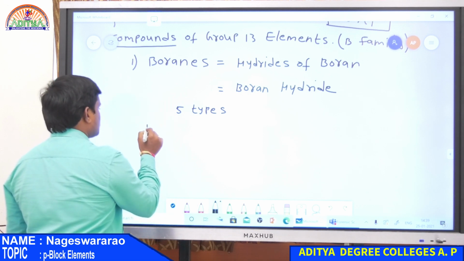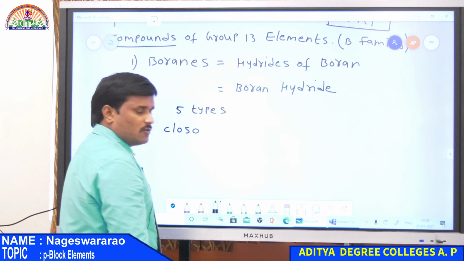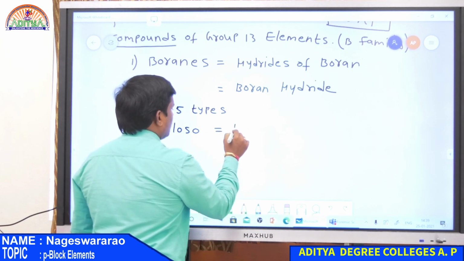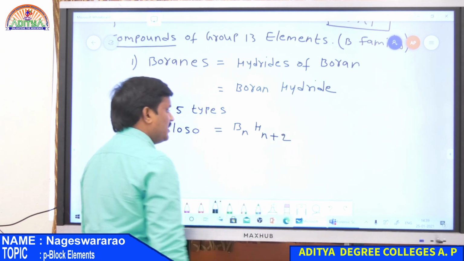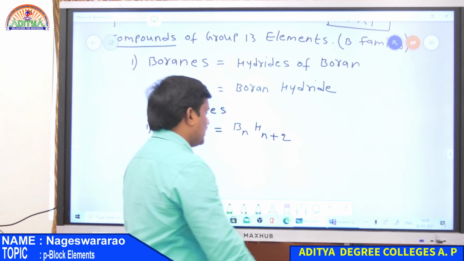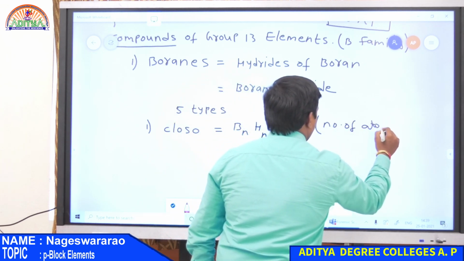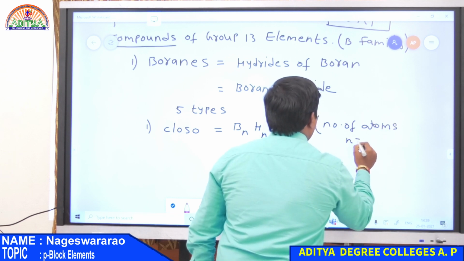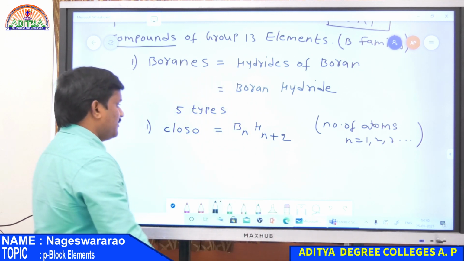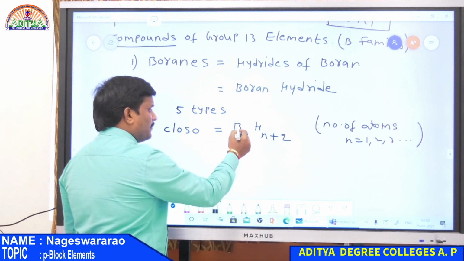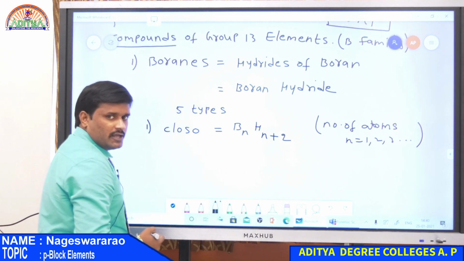The first one is closoboranes, having a general formula BnHn+2, where n is the number of atoms. So n may be 1, 2, 3 and so on. If a compound has the general formula BnHn+2, then the type of borane is closoborane.